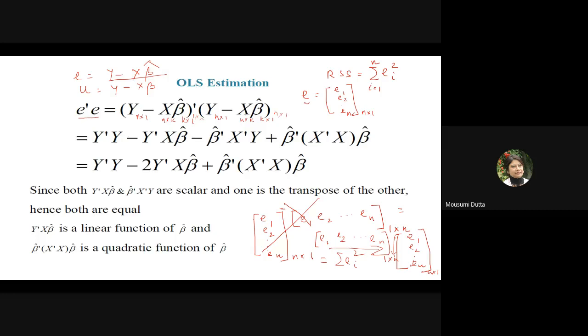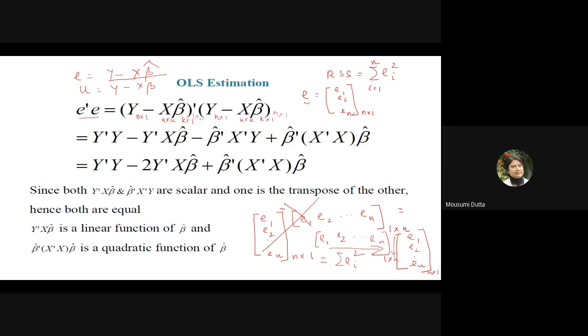Because for subtraction, addition, you need same order. Otherwise, you will not be able to subtract or add. So these are the standard rules of matrix algebra that will be applied in the context of k-variable analysis.